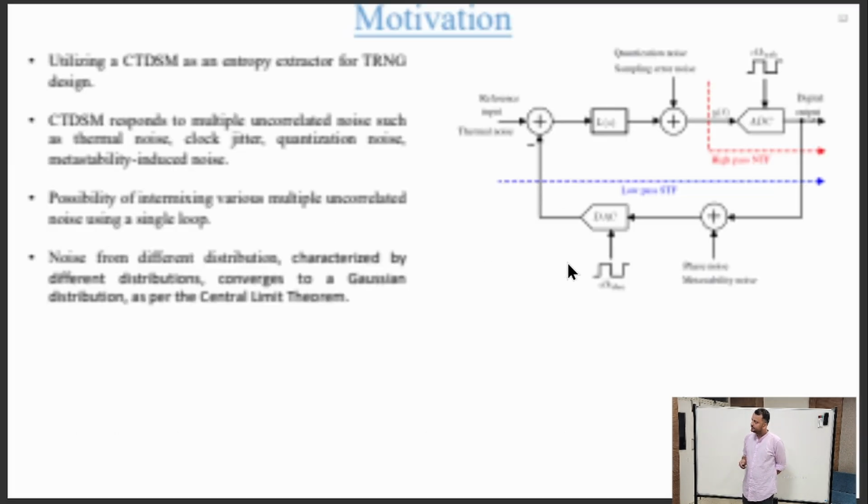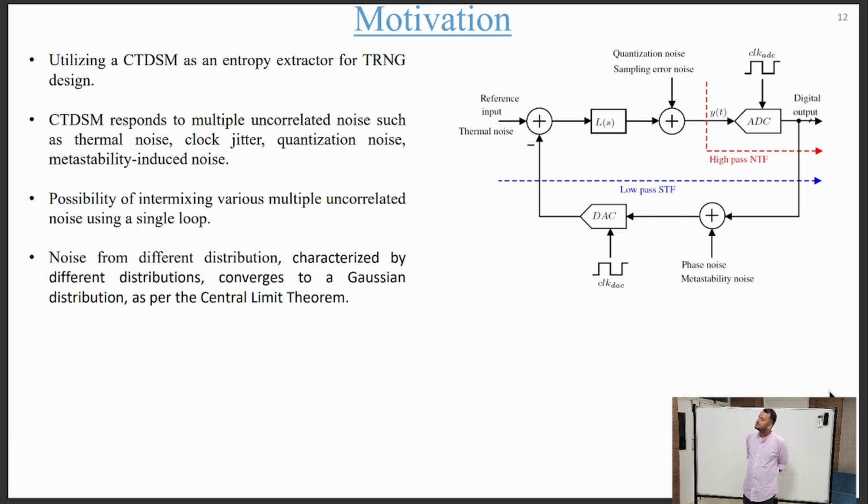So this is our motivation behind using a continuous time delta sigma modulator. In this, there are multiple uncorrelated noise sources which can be intermixed and that affect the noise floor, such as thermal noise for a reference input, quantization noise, which is already there, and phase noise in both the ADC and DAC, and metastability can also be induced in the ADC.